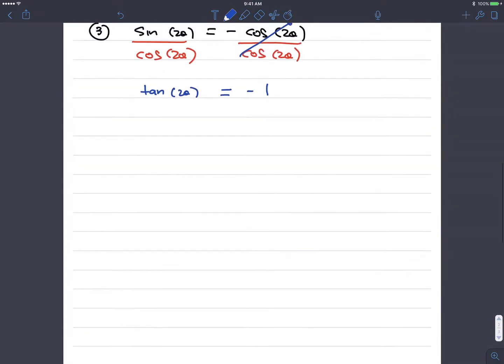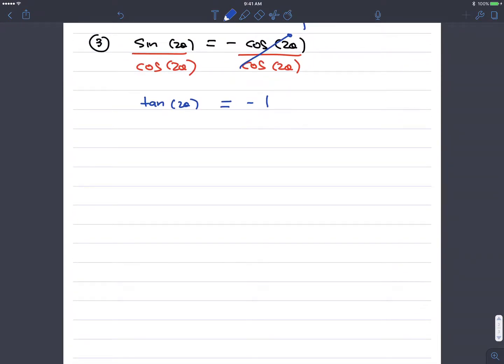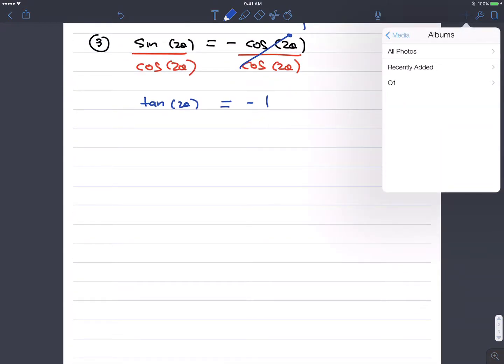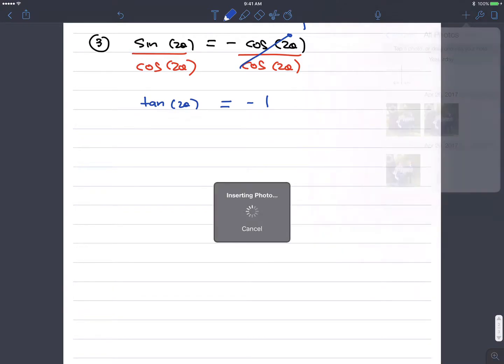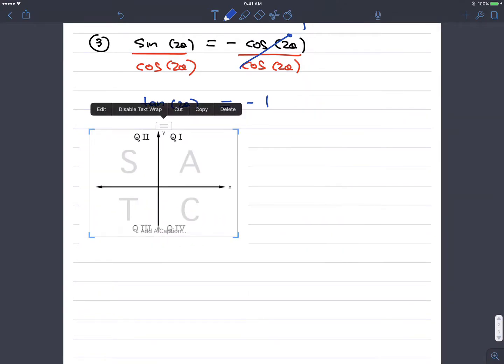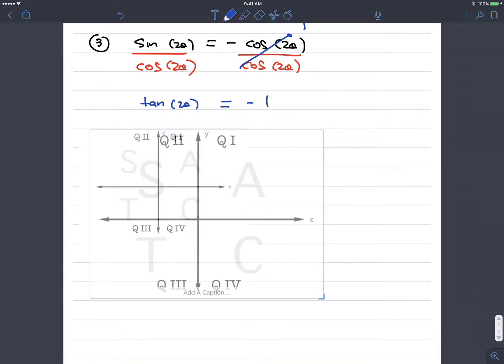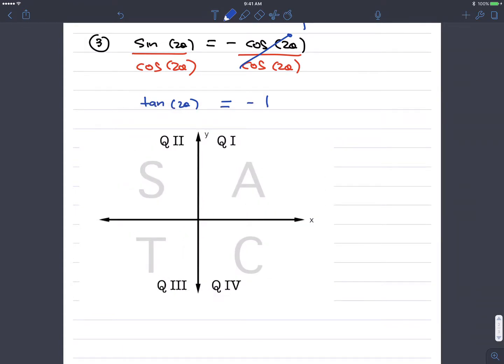Okay, now let's try to bring in our graph. Tangent here, 2 theta is negative, isn't that right?